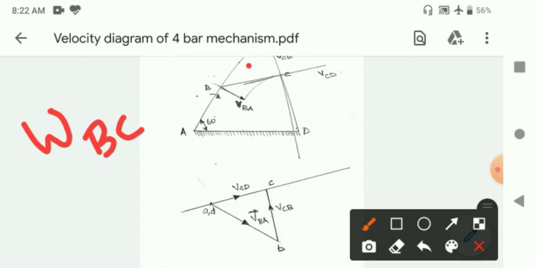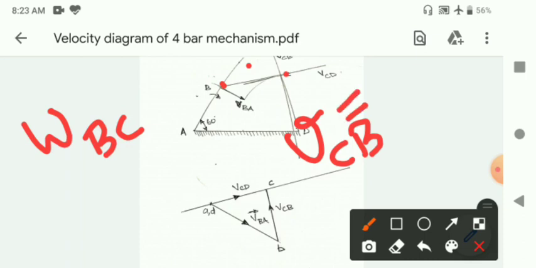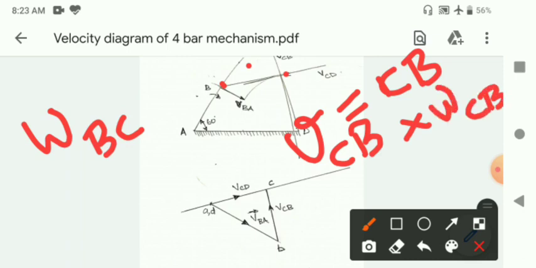Regarding link BC, we know that the connecting rod will have a general planar motion, but as per our assumption, we assume that the connecting rod has a rotational motion either about B or about C. So if we assume that the connecting rod is rotating about B, then we can find the linear velocity of C relative to B equal to R omega. Here R is nothing but the length of link CB, into omega CB, or BC, both are the same.